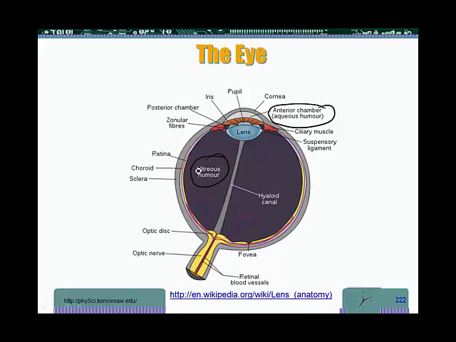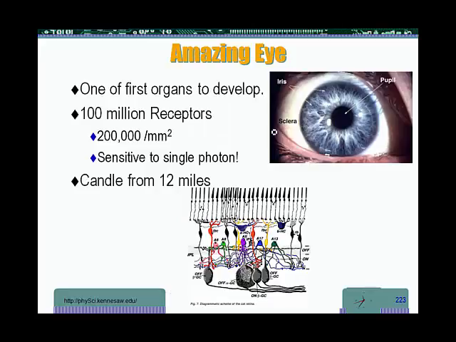You notice we have the zonular fibers, and we have some ciliary muscles, and these are going to dictate the size of the lens, I think, for the ciliary muscles, and the zonular fibers, I believe, I'm not sure about that, but I think they are the ones that work on the iris. Okay, another view, our iris, pupil.